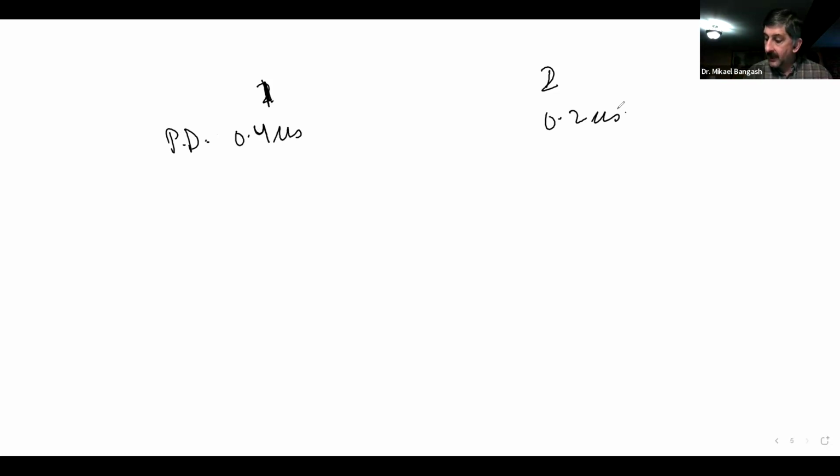What they're giving us here is the pulse duration. Which pulse is most likely going to produce the best radial resolution? Radial resolution is also what we call the exit resolution.